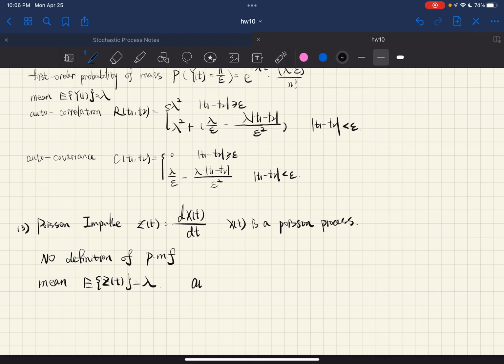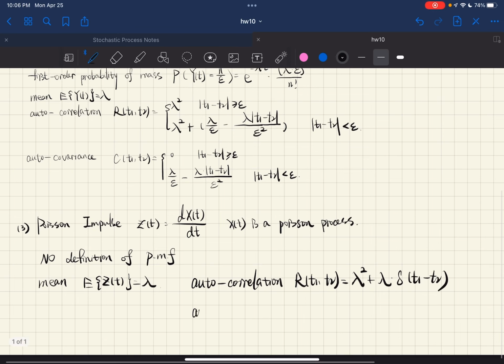The autocorrelation R(T1, T2) is equal to lambda to the power of 2 plus lambda times the impulse delta given at T1 minus T2, and the autocovariance C(T1, T2) is given by lambda times the impulse delta given at T1 minus T2.